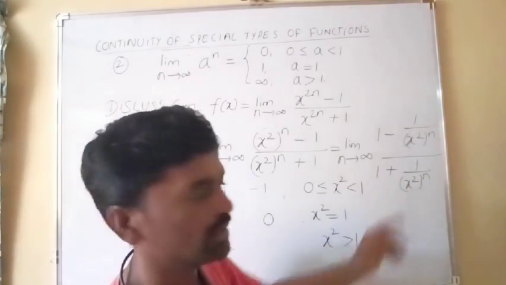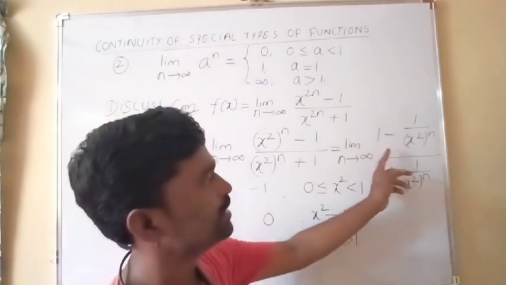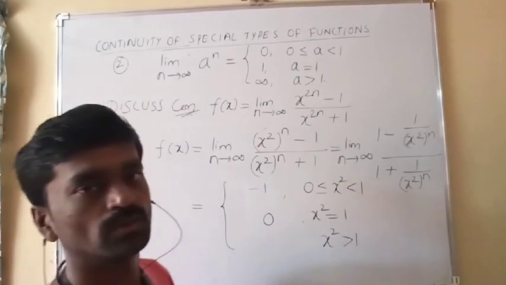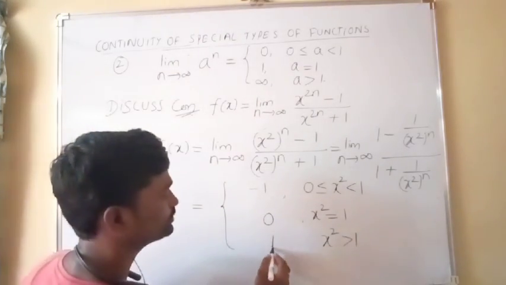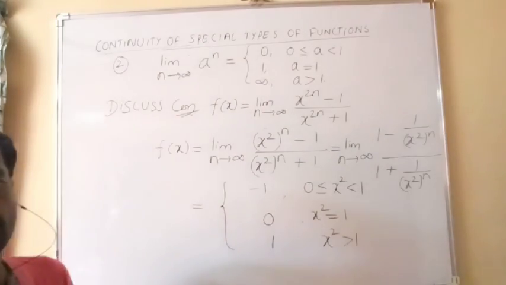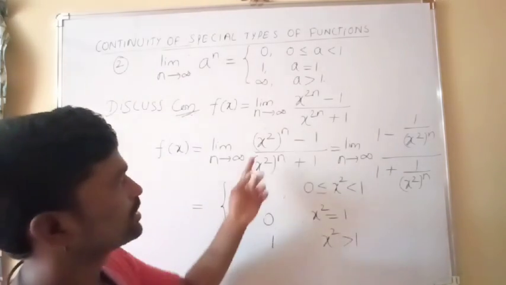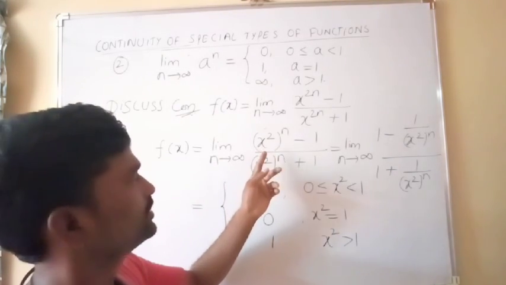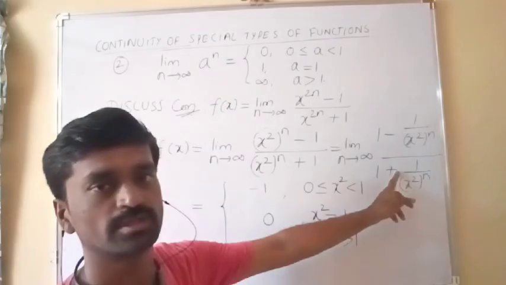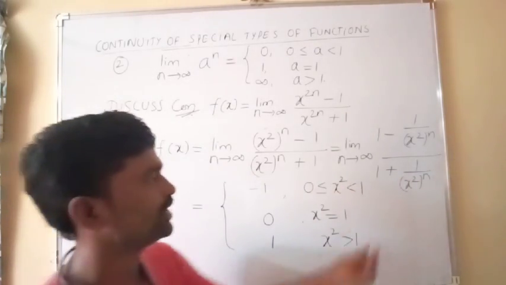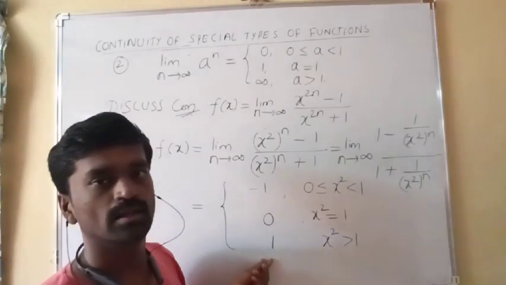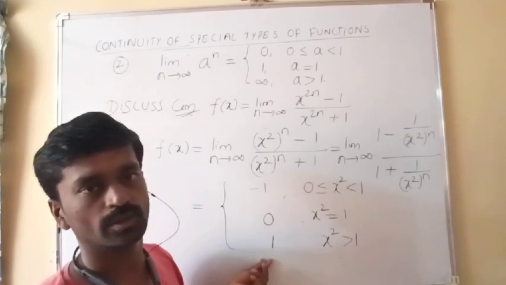Here also 1 by infinity is 0. So 1 minus 0 by 1 plus 0, what will you get? 1. So instead of using this function, I am using this one because both are the same, and if I use this, I will find the limit of the function easily.